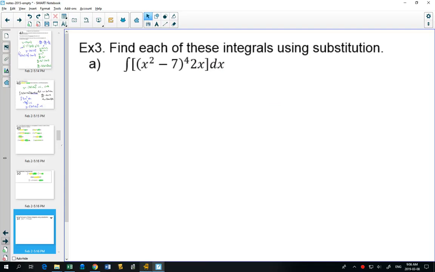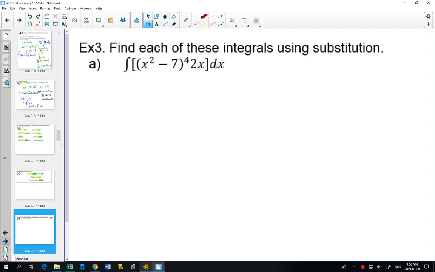So we're going to do each of these with the chain rule. And you might look at it and say, I think I could do this directly. But every time a little bit more detail gets added, you're going to find that using substitution just takes away some of that complication.